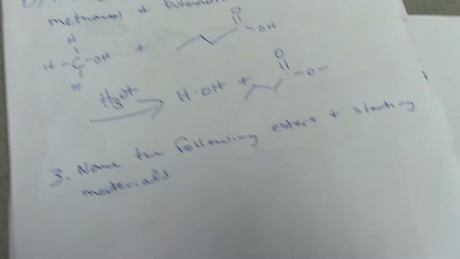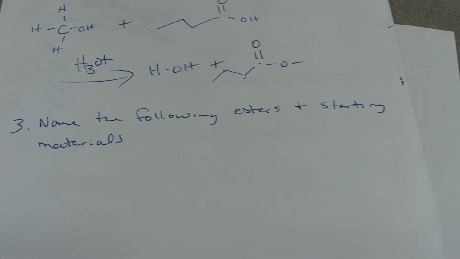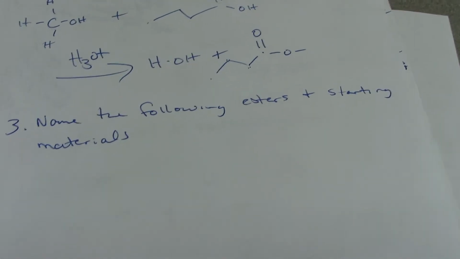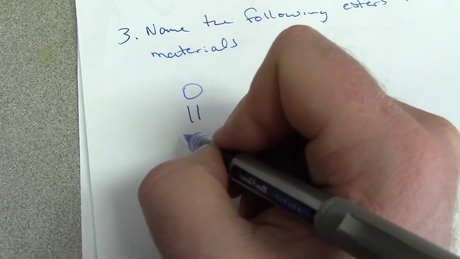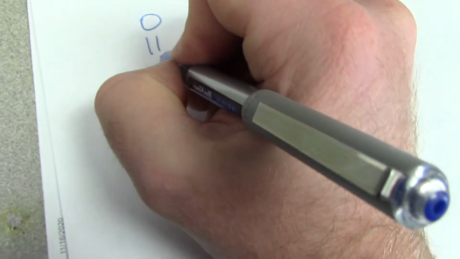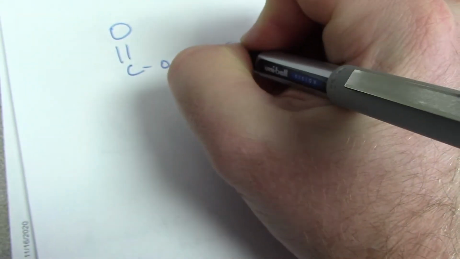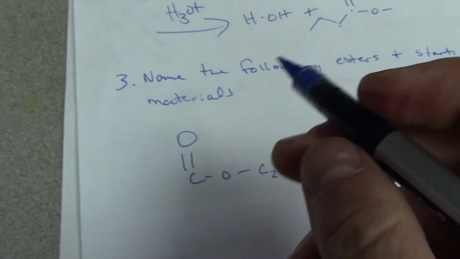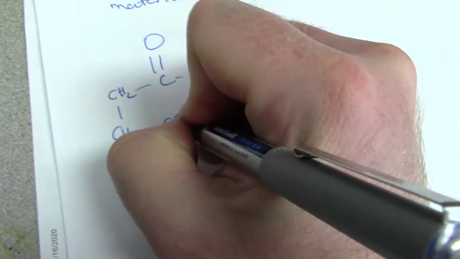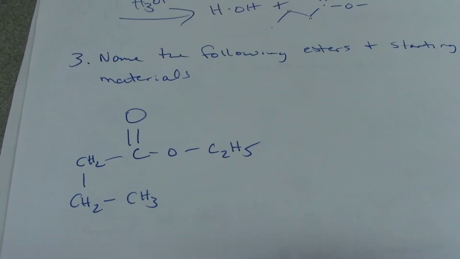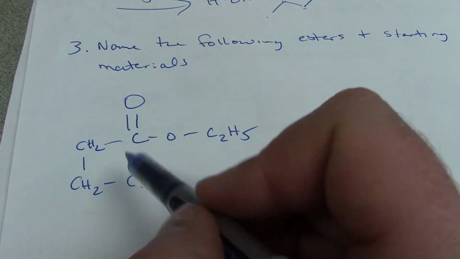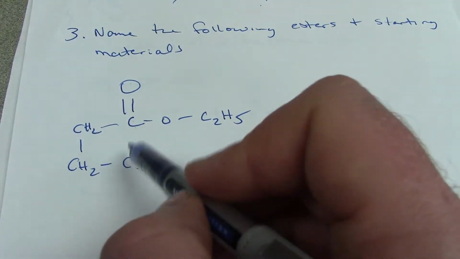Okay, what about this? Name the following esters and starting materials. So let's say we have this. Okay. So I have 1, 2, 3, 4 molecules attached to the oxygen here.